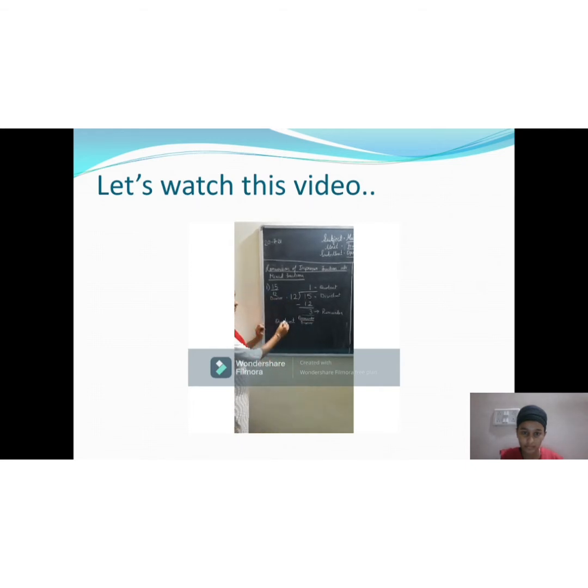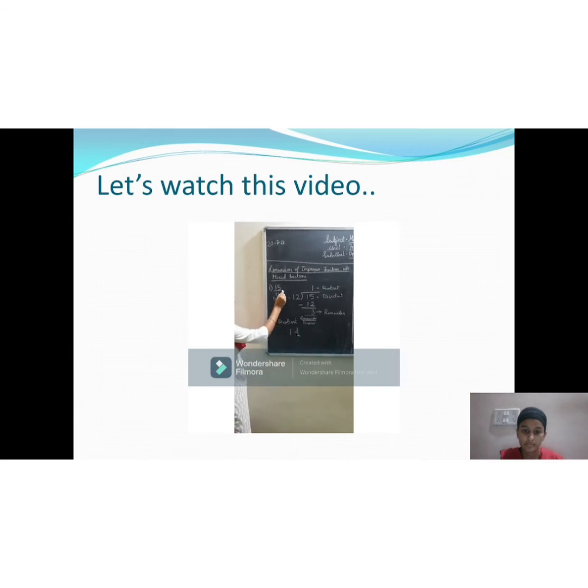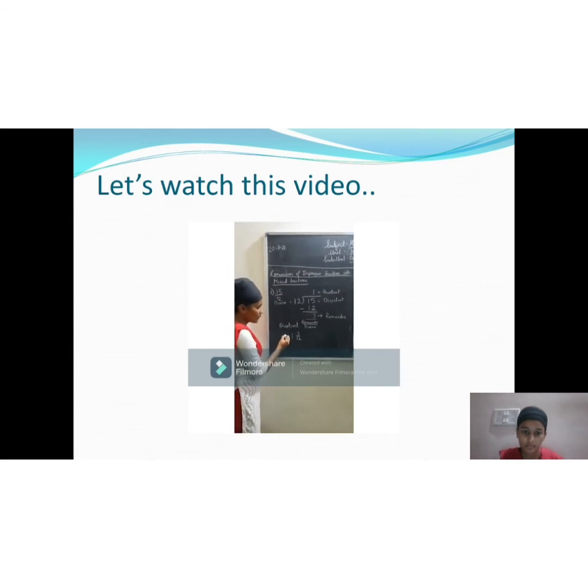Okay, so what is your quotient, dear students? It's 1, right? The remainder is 3 and the divisor is 12. Okay, so what is your answer? From the improper fraction 15 upon 12, the mixed fraction is 1, 3 upon 12. Okay.